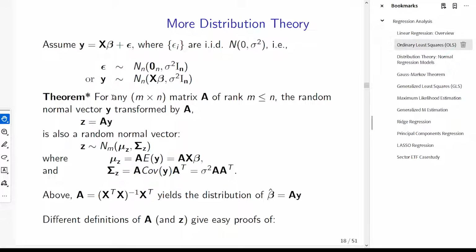It will be a linear combination of the y's for each component of Z, and it will actually have an m-dimensional multinormal distribution with mean value A times the expected value of y, and covariance matrix equal to A times the covariance of y times A transpose. This matrix A will give us the distribution of beta hat as we just did, but we can also use different definitions of A and Z.